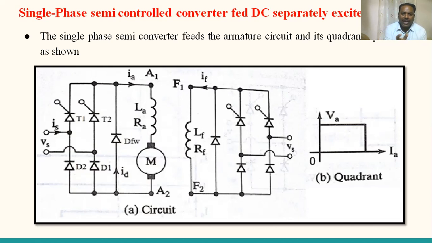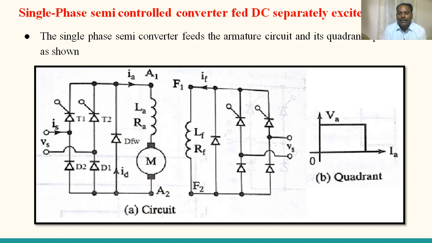Before that, you may write a small description belonging to this circuit. So what is the description? The single phase semi-controlled converter fed DC separately excited motor as shown, and its quadrant operation is also here. The armature is excited by a semi-controlled converter having T1, T2 control switches and D1, D2 uncontrolled switches.